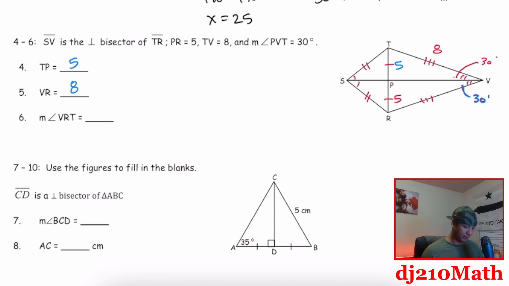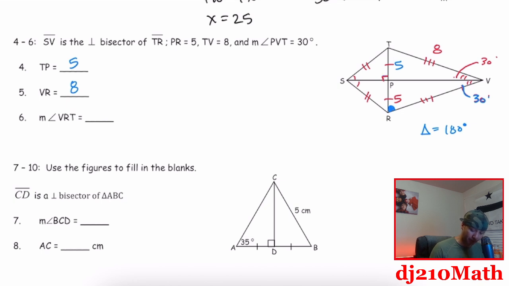And the measure of VRT, where is VRT? VRT is down here. So what is this angle? To figure this out, we have to know that a triangle has 180 degrees. The measures of all three angles add up to 180. Since SV, I forgot to put this symbol.